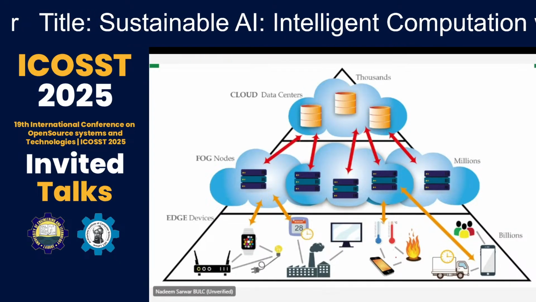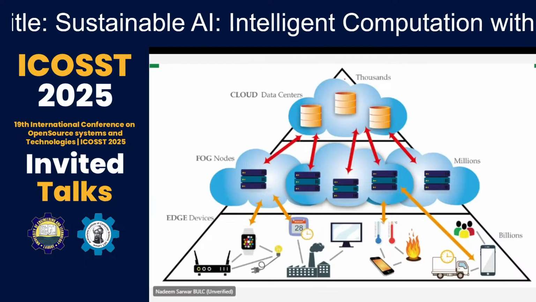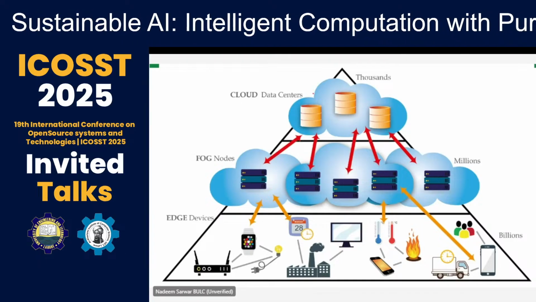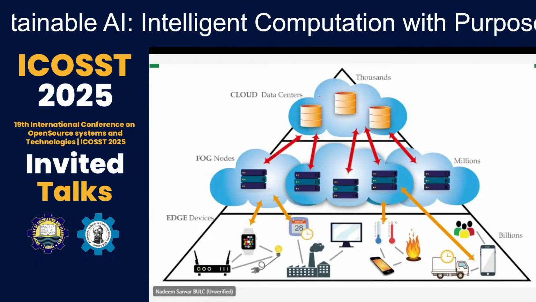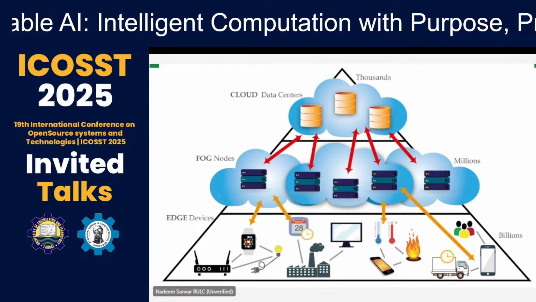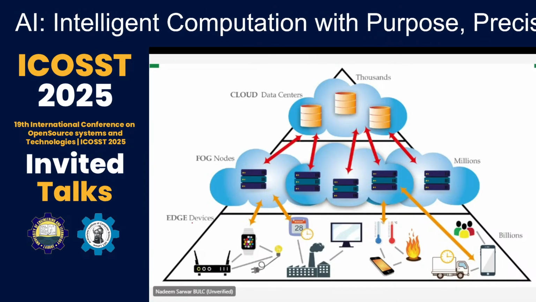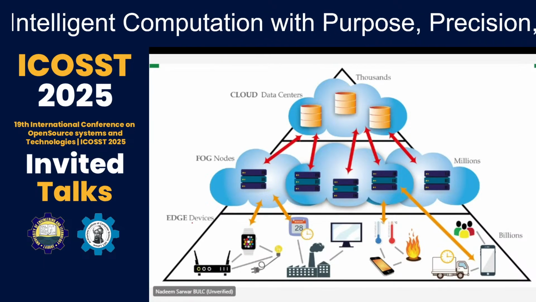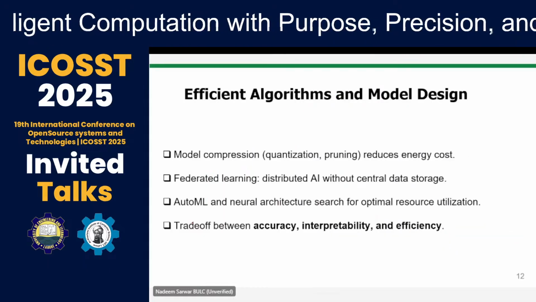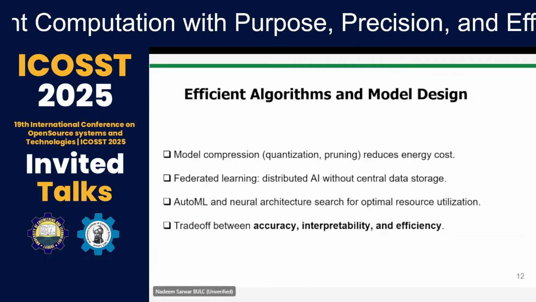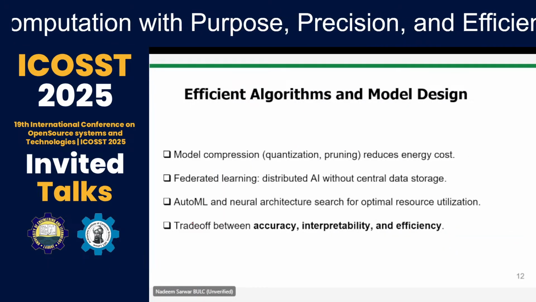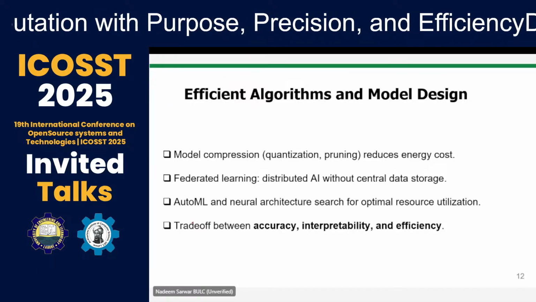So when our query enters the system, the cloud data resources pass our query to the fog nodes, and the fog nodes pass our query to the edge devices. So a lot of edge devices utilize energy resources. That's why if we use efficient algorithms and model designing, obviously we can reduce our energy consumption.